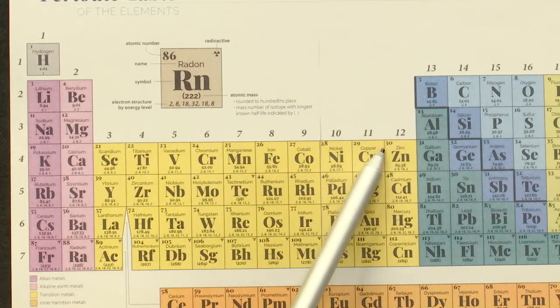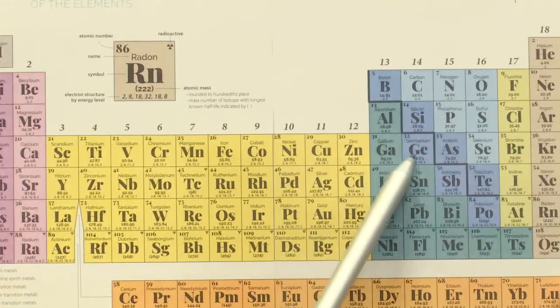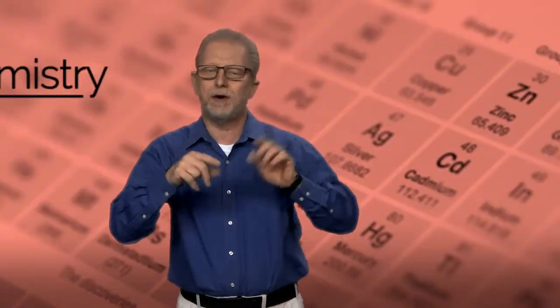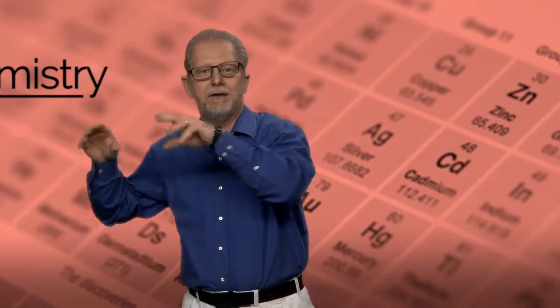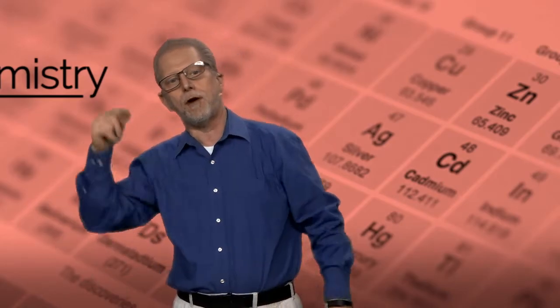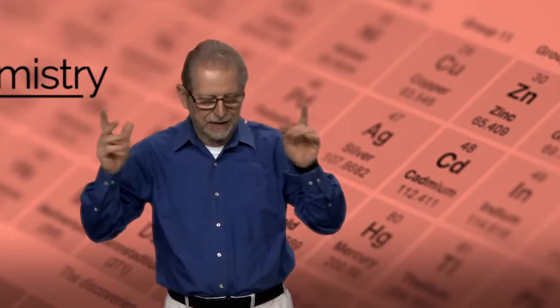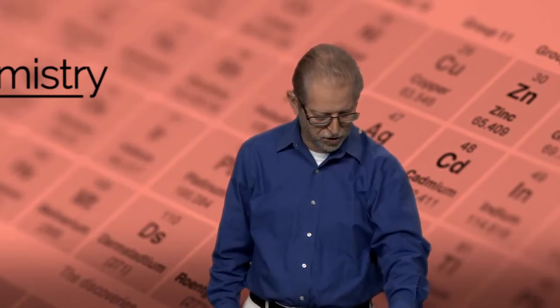So it's a transition as we fill up the 3, and then you jump back out to the 4th level and fill up the 4th. So transition, going back and filling in the D sublevel from the level underneath. That's what it means by transition.